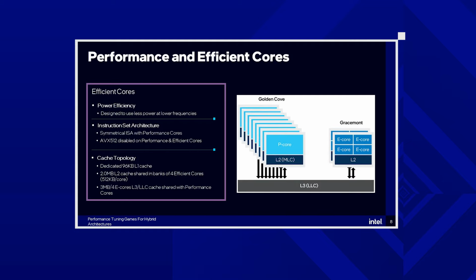It's got a 96 kilobyte L1 cache that's divided evenly between instruction and data. There's a 2 megabyte L2 cache that's shared in banks of 4 E cores, 512 kilobytes per E core roughly. And then there's 3 megabytes of L3 cache per 4 efficiency cores. And that L3 cache is also shared with performance cores.